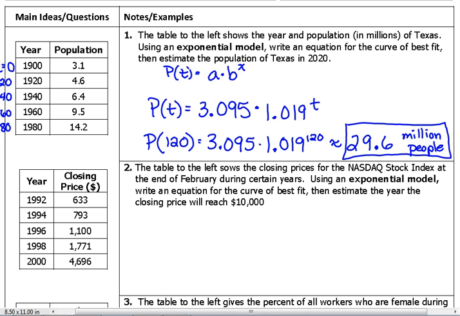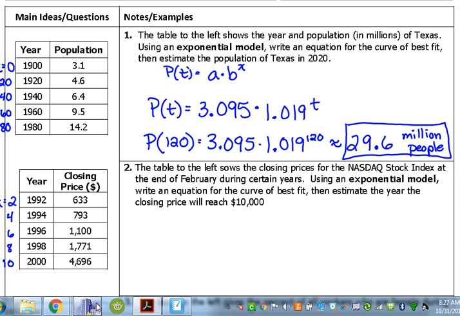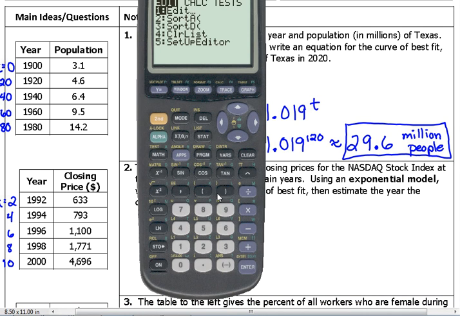All right, so let's do the same thing that we did before. We're going to let 1992, the first year, be t equals, or you know what, actually, hang on. Let's do t equals 2. Okay, we'll say 1990 was 0, so 2, 4, 6, 8, 10 is what we will put in list 1.